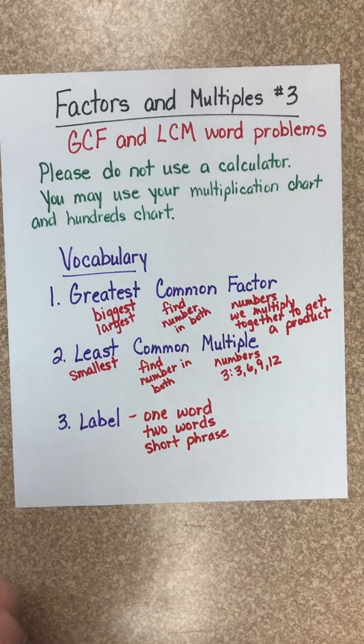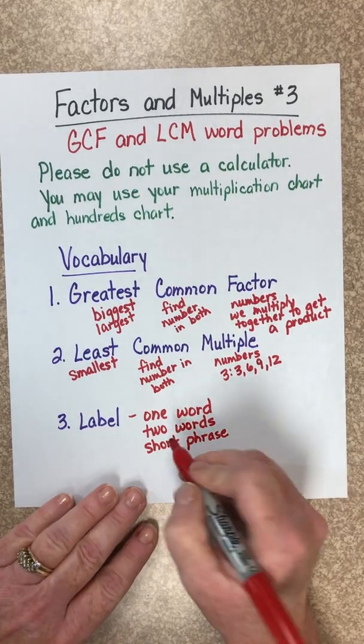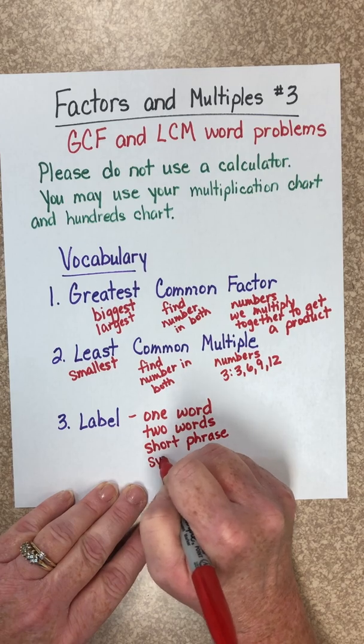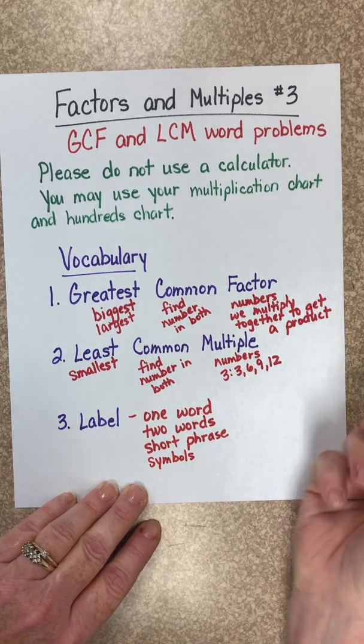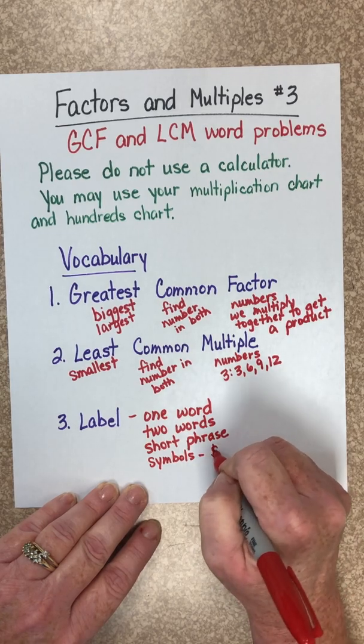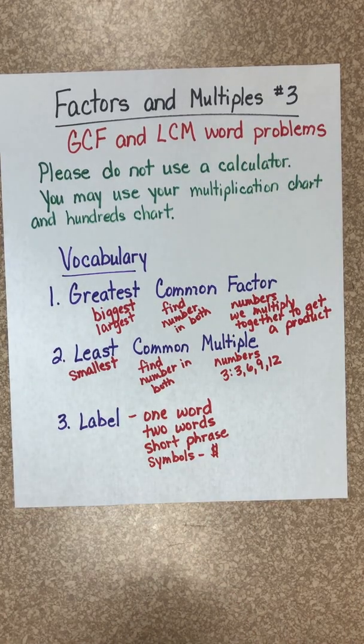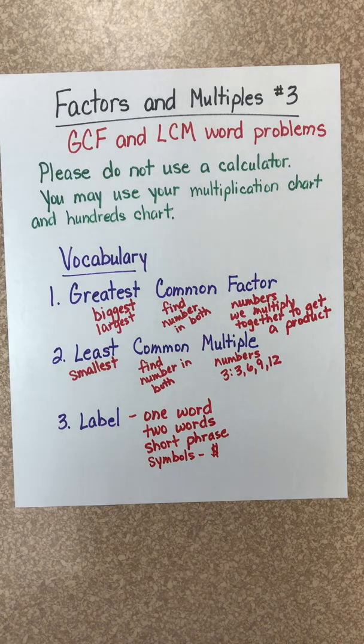And these would be words, or even we can use symbols. If you remember in earlier videos, a symbol could be, when we were referring to money, the $ sign. So those are labels that we might be looking for.